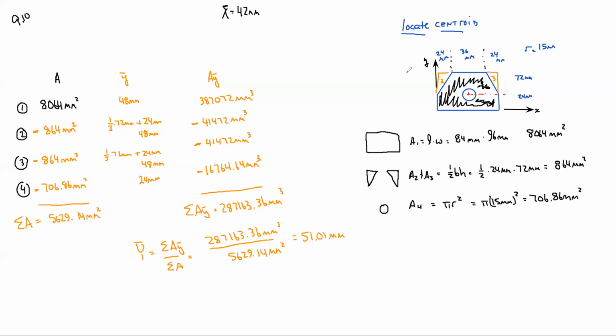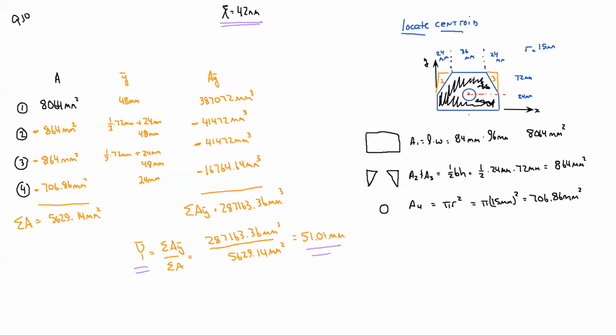We have to go up here, and remember the centroid is how you would balance it on your fingers, how I think about it a lot of times. So X bar was 42 millimeters. We got that by inspection. You could fold it in half down the axis there. So it's 42 to here, and then up 51. That's 24 to the center, plus 15 is 39.